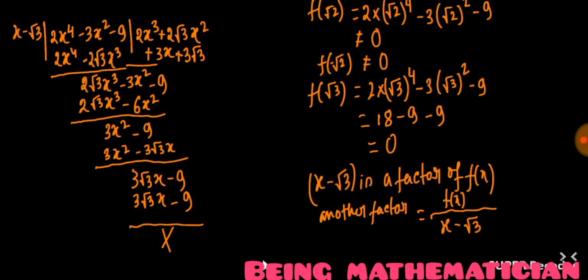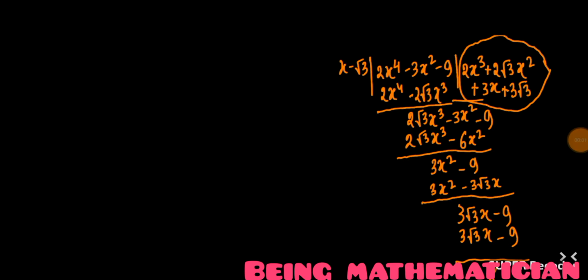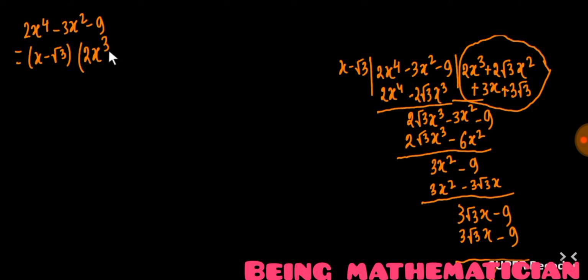Now we have 2x cube plus 2 root 3 x square plus 3x plus 3 root 3. Finally, we factorize the polynomial by zero factorization and we get the factors x minus root 3 into 2x cube plus 2 root 3 x square plus 3x plus 3 root 3.